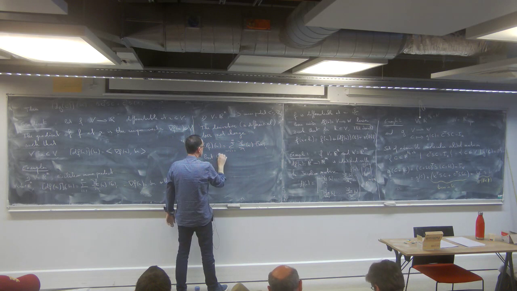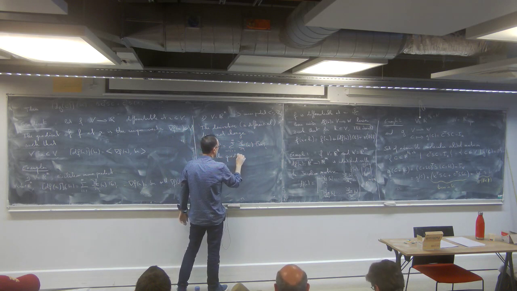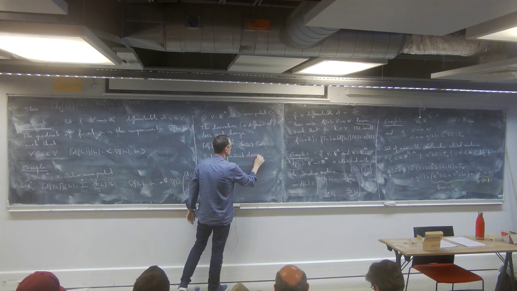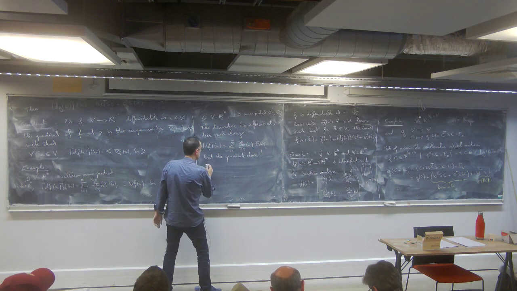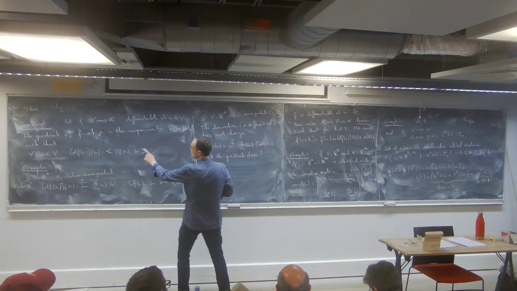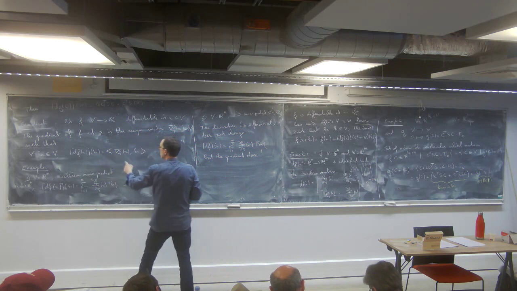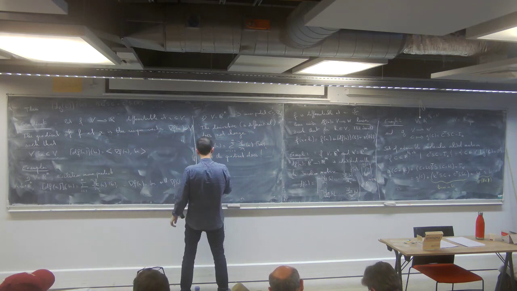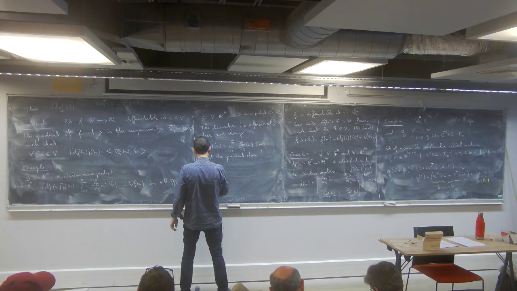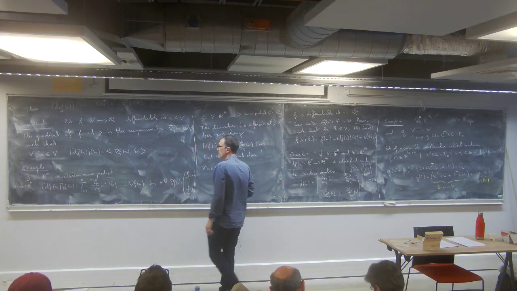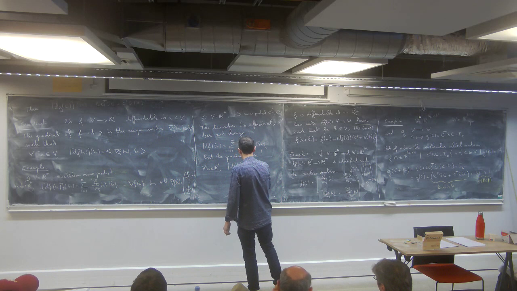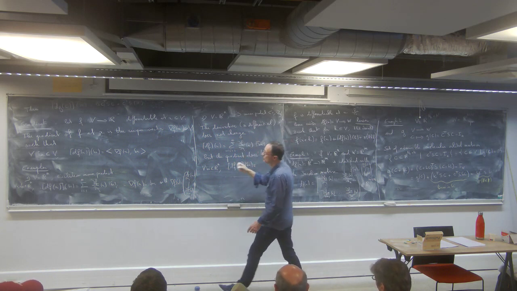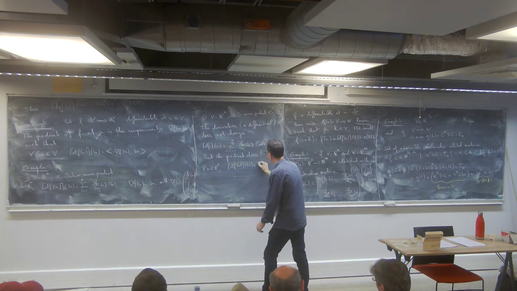But the gradient does change. And how does it change? Let's come back to the generic definition. For all delta x in Rn, df_x of delta x has to be equal to the gradient inner product with delta x.